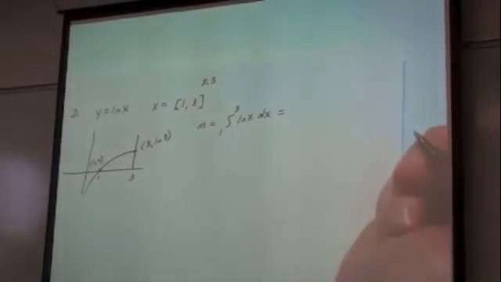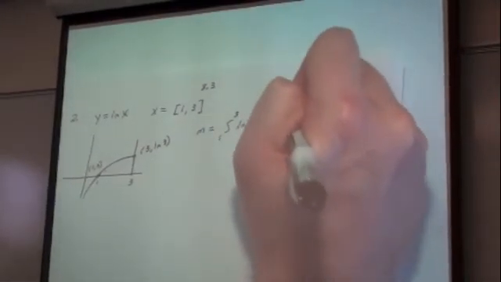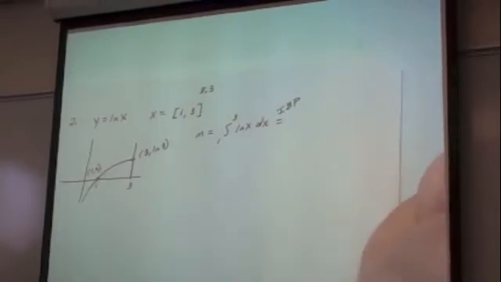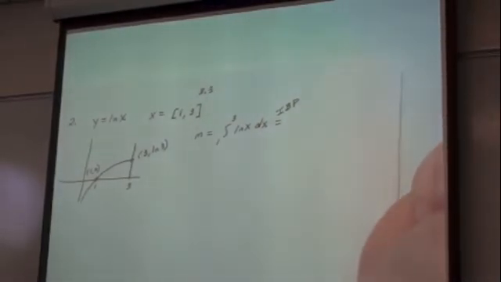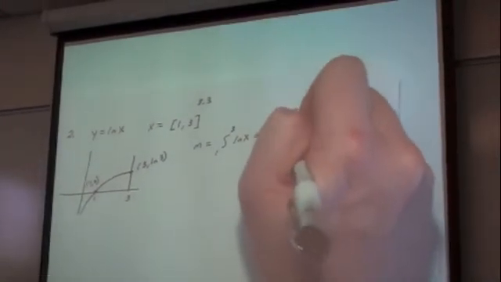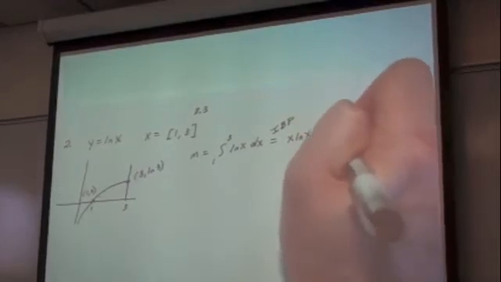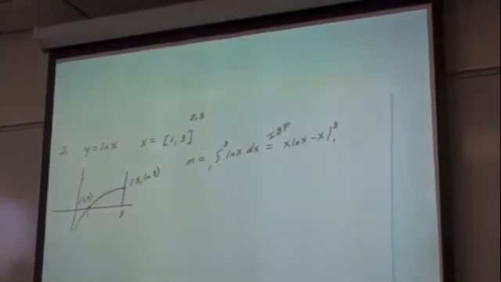Hopefully this is one of those that has occurred so frequently that you have it memorized. It's x ln x minus x. But I will put above the equal sign integration by parts. Let u equal natural log of x, dv equals dx. And I promise you, it will work out to be x ln x minus x. We'll evaluate that from 1 to 3.